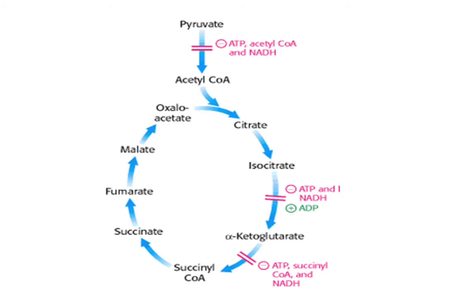As you can imagine, if there's a large amount of ATP in the cell, you don't need any more energy, so that's going to slow down this process. Same with excess NADH. So for the most part, regulation is pretty much what you'd expect.